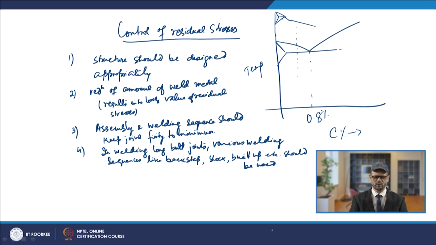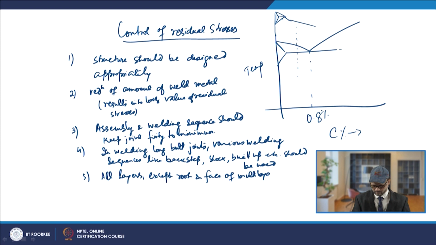When we go for multi-layer welds, all layers except the root and face, where there is appreciable fixity, should be peened.